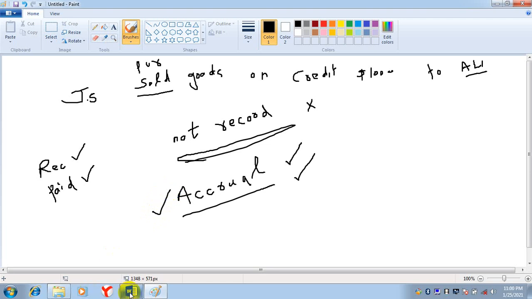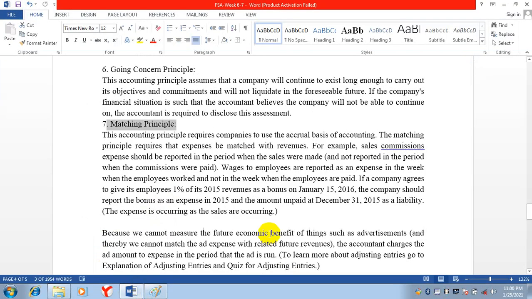So these are two different concepts: cash basis of accounting and accrual basis of accounting. The matching principle requires that you match the revenues with expenses, because when you want to calculate profit, you will match revenues with the expenses.